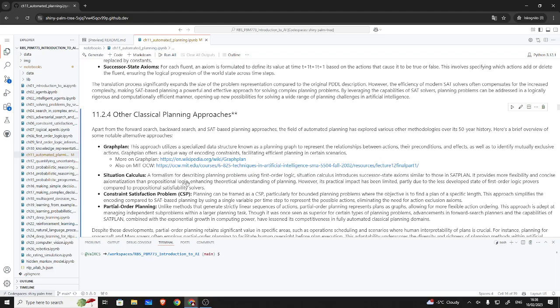There are other approaches, something called situation calculus, a different formalism, to describe these successor states, how you move from one to another. Again, we can do constraint satisfaction problems, partial order problems, again as a graph, because of course not everything is linear.